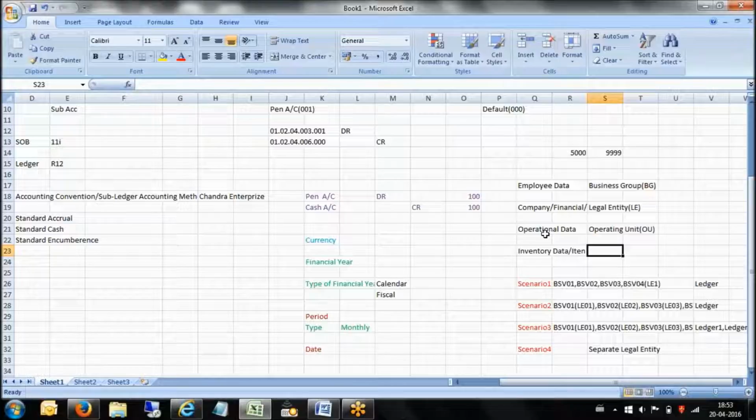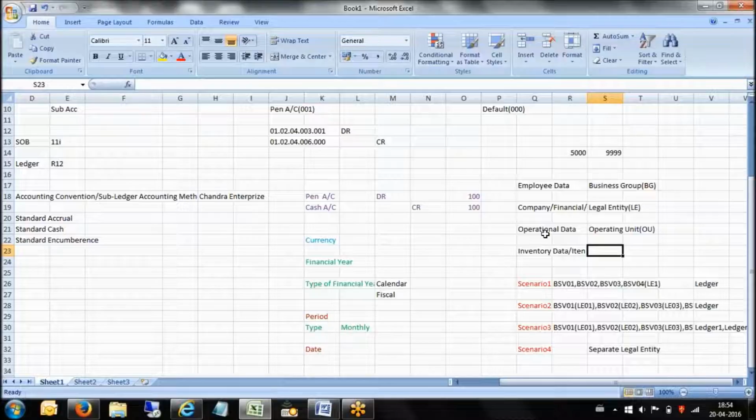I'll give you one example. I'll take a manufacturing company where you have three units where different operations are going on. You are manufacturing buses in one, trucks in the second, and mobiles in the third. In all three units there will be suppliers supplying raw material items and services.